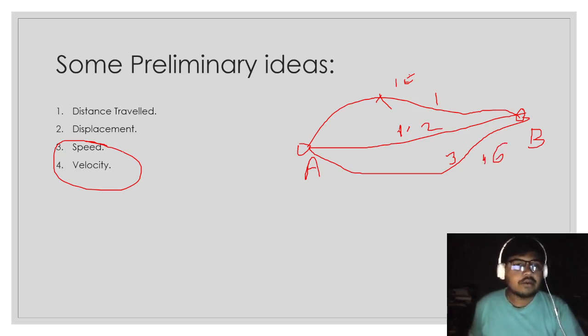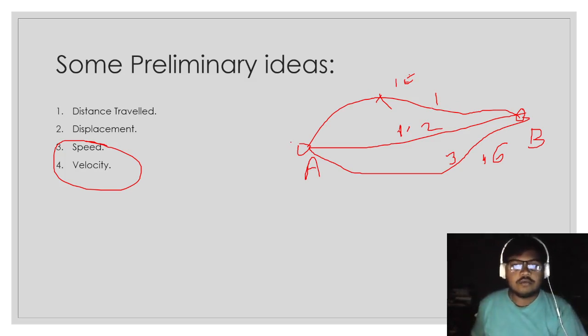Now, if we calculate the speed of the man who is traveling through path 1, the speed is 150 divided by the time taken for traveling through the path.